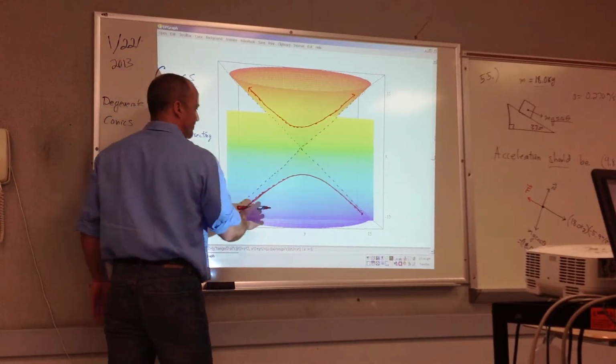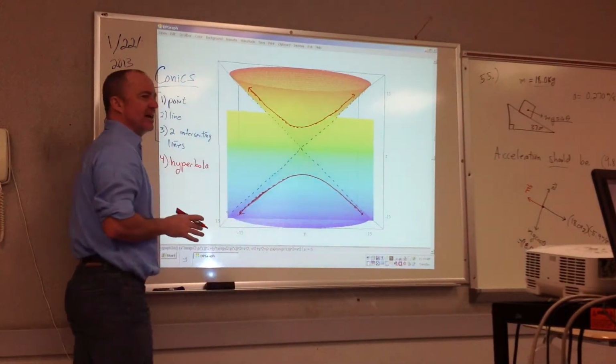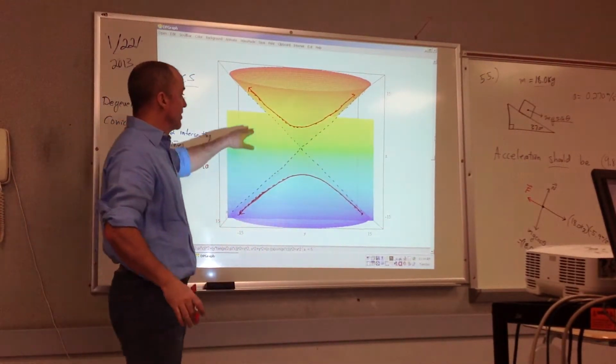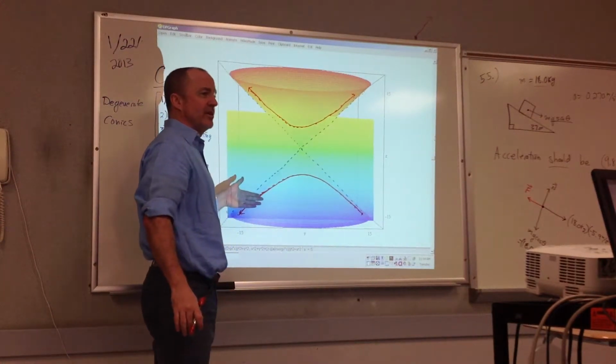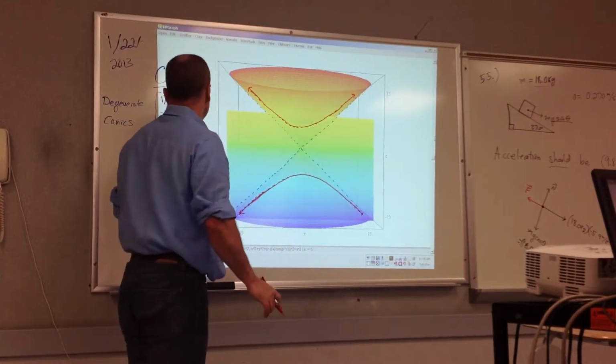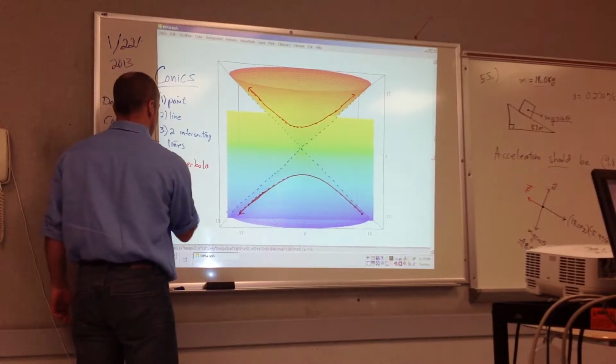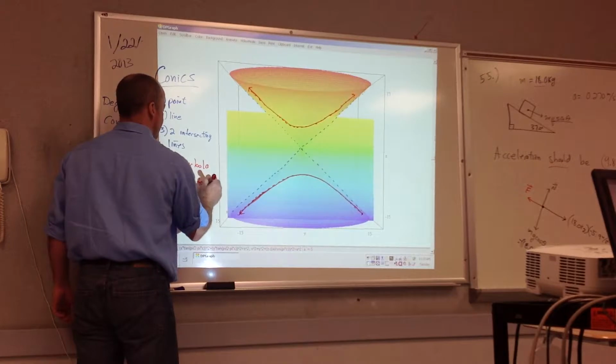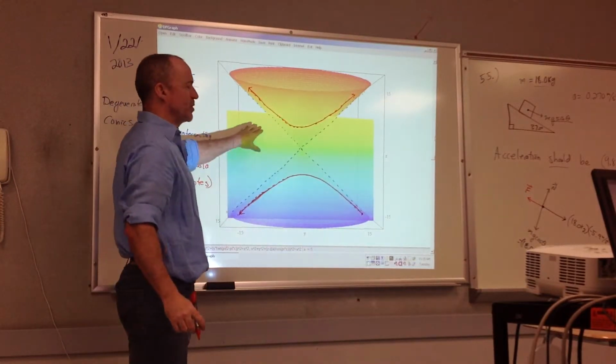Remy, you asked about these two lines that I left up there that represent where the plane was slicing through the middle. The hyperbola has asymptotes. Remember what an asymptote is?